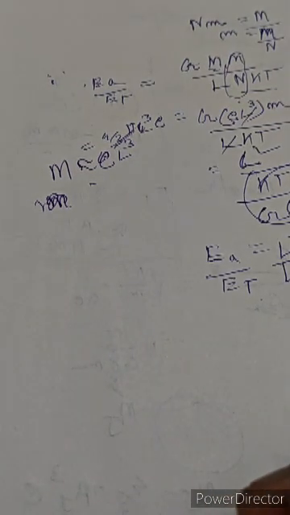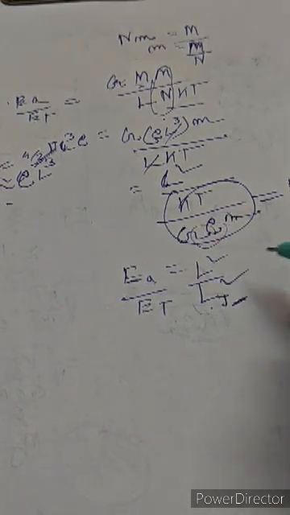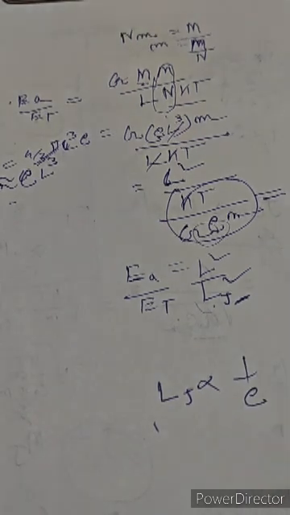Now if rho increases, the Jeans length decreases, because Lj is proportional to 1 by root over rho.